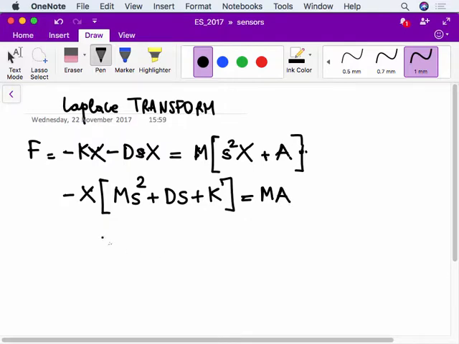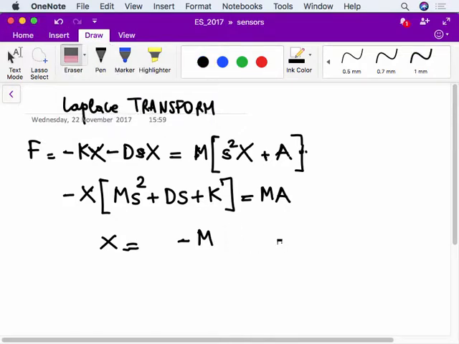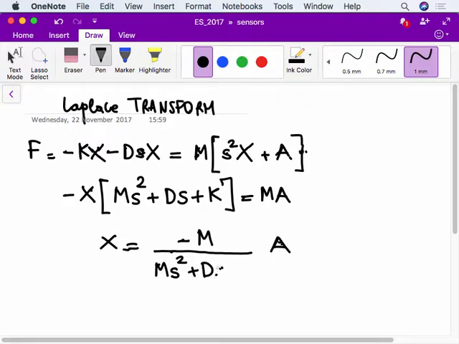And therefore I can write X is equal to minus m a over (m s squared plus d s plus k).